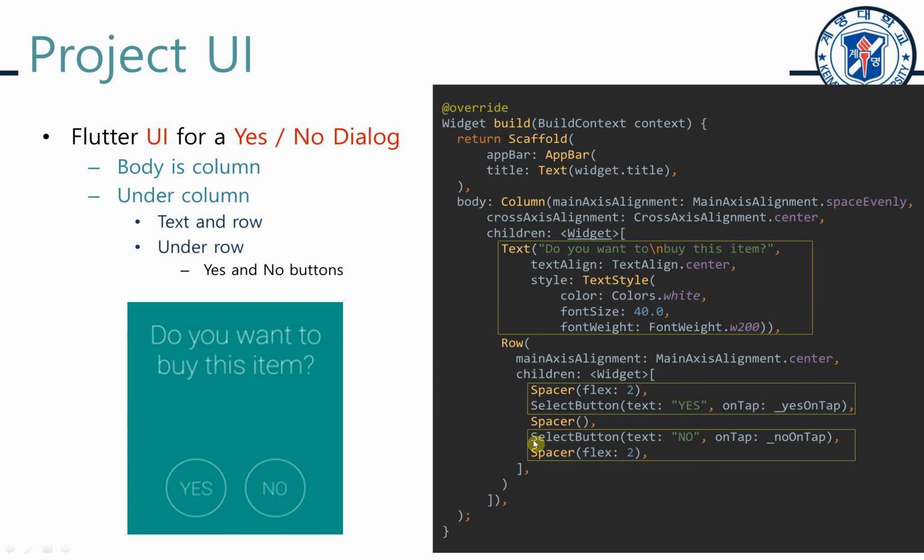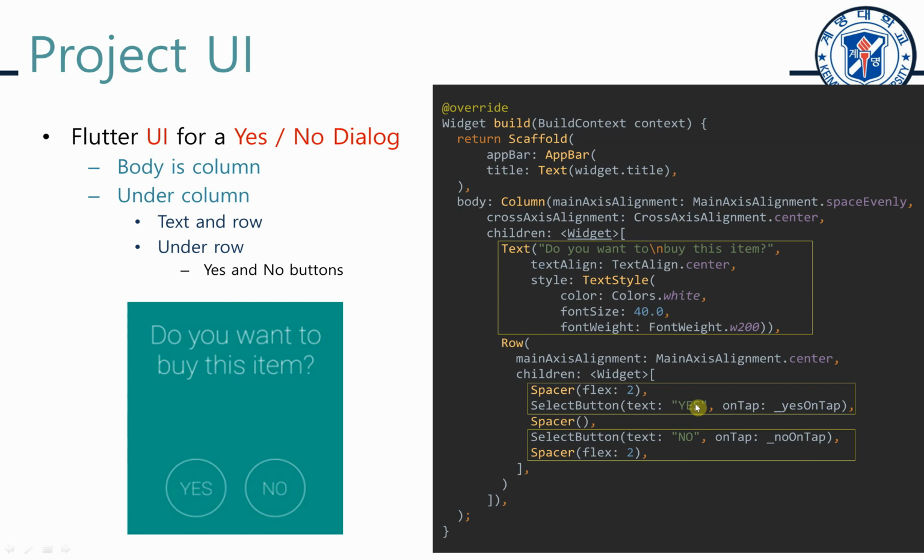So this is basically what I did. I said what the body of this app is going to look like: the body of this app is going to have a text and some selection buttons.